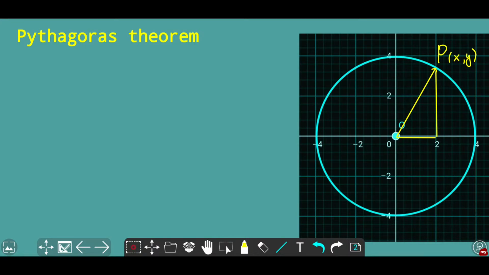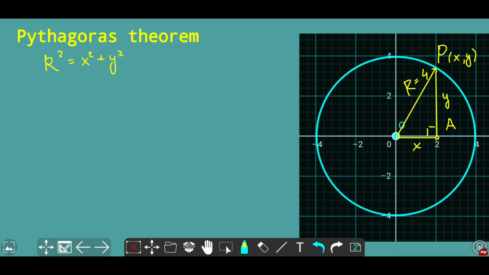That's how we can set up the right angle triangle with vertices P, O, and another point, let's say A. So this triangle is right angled, and we can express the radius, which in this case is 4, but I use the general notation r, through two parts. Basically the two parts are the legs, which represent the coordinates x and y of the point P. So we can write that r squared is going to be x squared plus y squared.